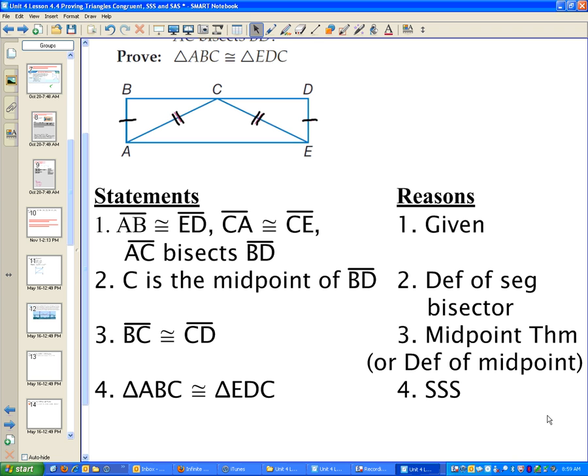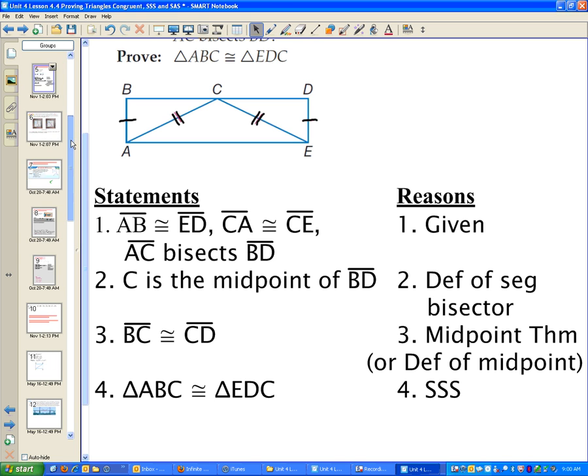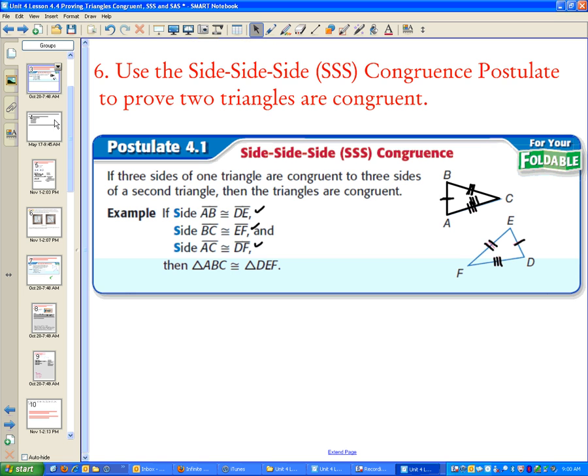It's the side-side-side congruence postulate, which we will all just put SSS for side-side-side. That's right. It's because this postulate says all I need are 3 pairs of congruent sides, then the triangles are congruent.